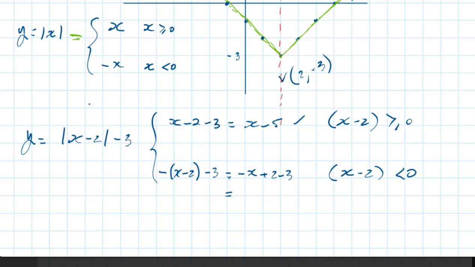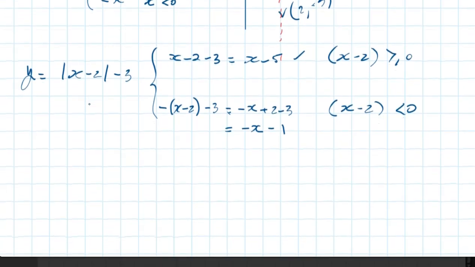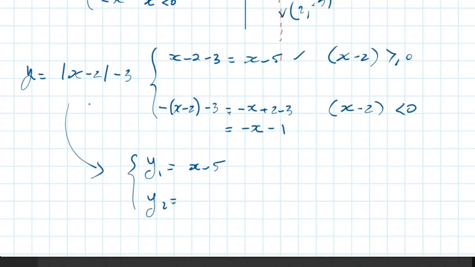And of course, when you finish the math on that one, you get minus x minus 1. So the two piecewise functions for this absolute value: y1 is equal to x minus 5, and y2 is negative x minus 1.